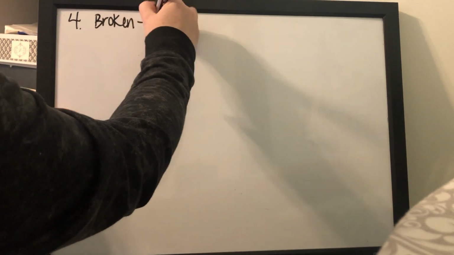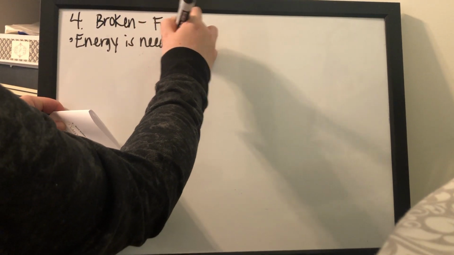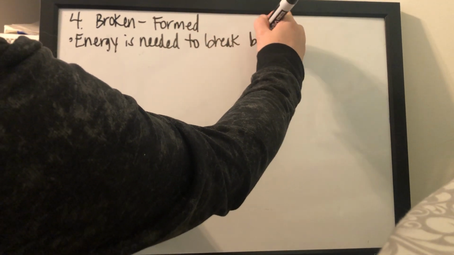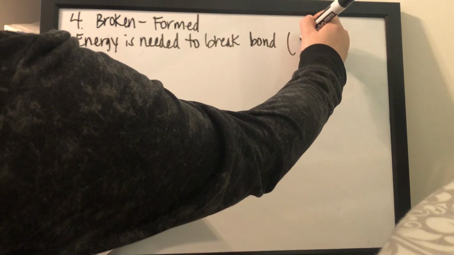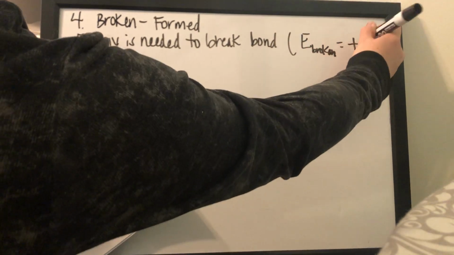And finally, the fourth one, which is the most recent one to us, which is bonds broken minus bonds formed. And so this is a discussion in Lewis structures. This is a discussion that energy is needed to break a bond, which means that my energy broken is going to be a positive value.